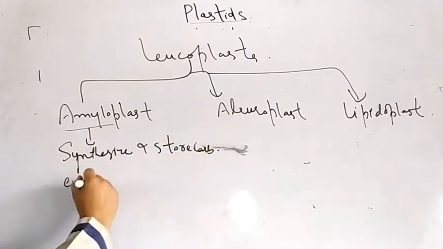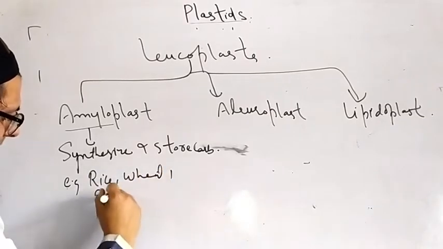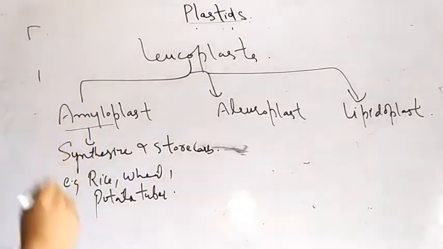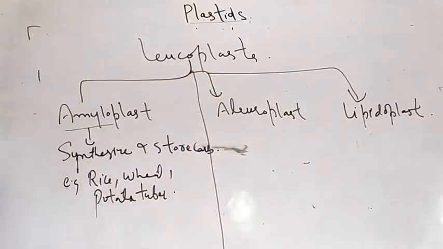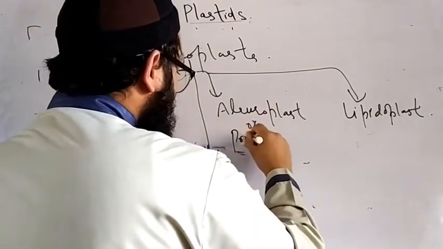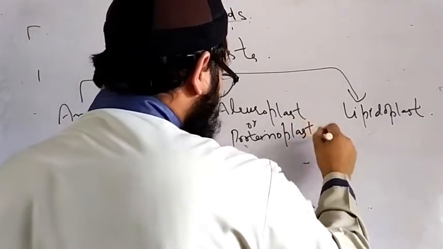For example, we have rice, wheat, potato tuber over here. Then we have the leucoplasts which we also call proteinoplast, or aleuroplast.